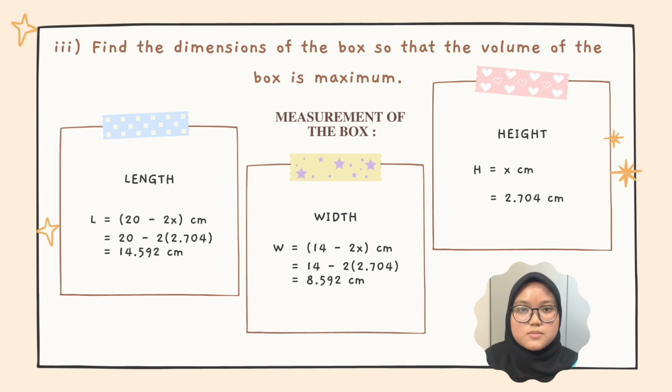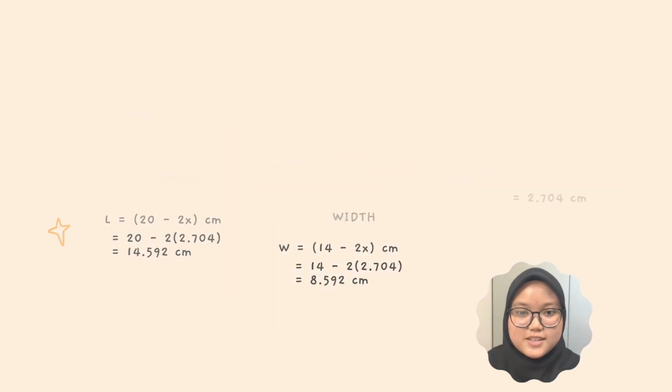Next, we substitute x into the width formula, 14 minus 2x, and we get 8.592 cm for width. Last, we substitute x into the formula of height, which equals x, and we get 2.704 cm. So, let's move on to the next question.